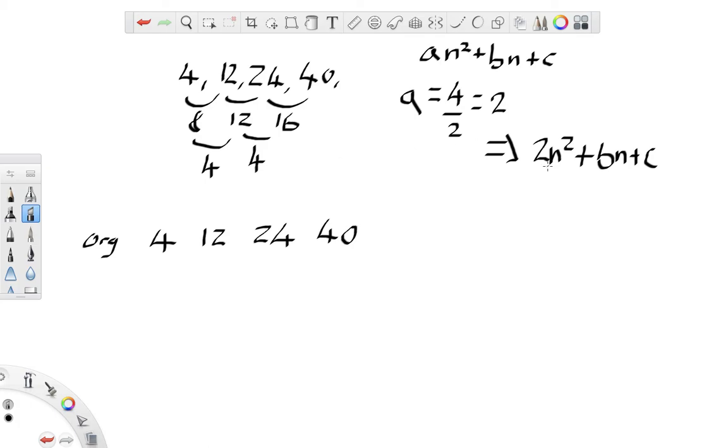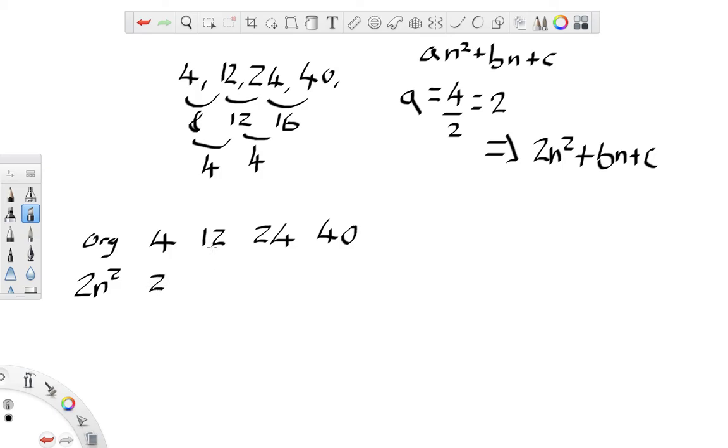Now, in the other examples, a was equal to 1, so we had n squared as our row here. But now we've got 2n squared. So we're not going to be using n squared anymore. We're going to be using 2n squared. And again, this first column is our first term, that's our second term, that's our third term, that's our fourth term. So the first term, we just substitute 1 in, so that'll be 2 times 1 squared, well that's just 2.